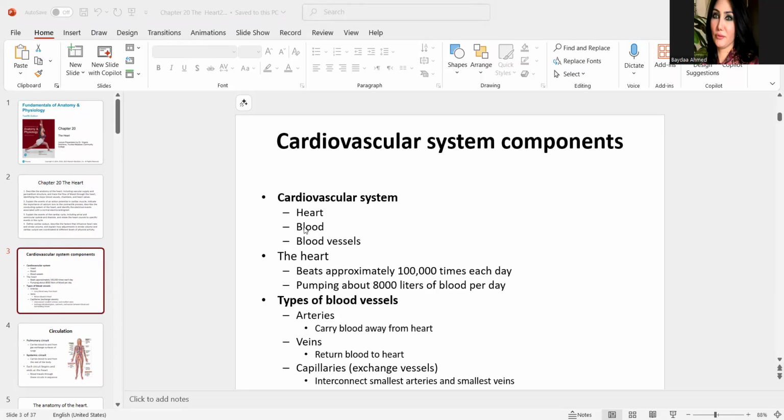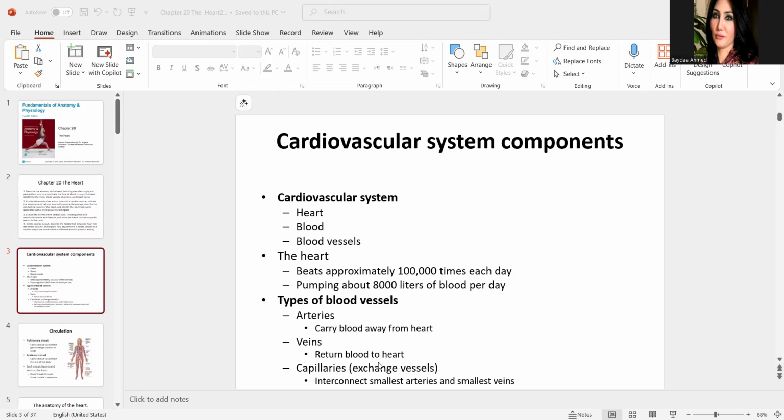So the heart is a part of the cardiovascular system, which consists of the heart, blood, and blood vessels. The types of blood vessels are arteries, which carry blood away from the heart, veins, which return blood to the heart, and capillaries, which are called exchange vessels.